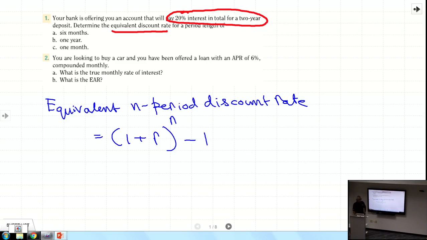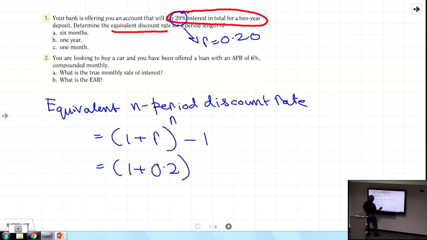Over here R is 20%. So we put 1 plus 0.2, raised to the power n. n is going to be 6 months relative to 2 years, so n is 6 over 24. 6 over 24 is 1 quarter, minus 1.